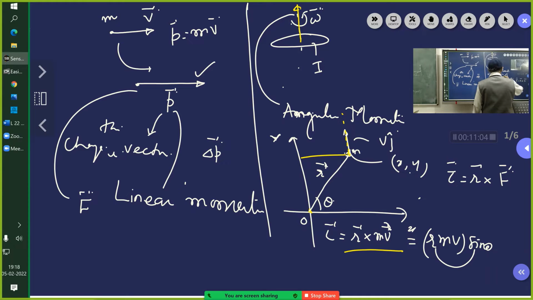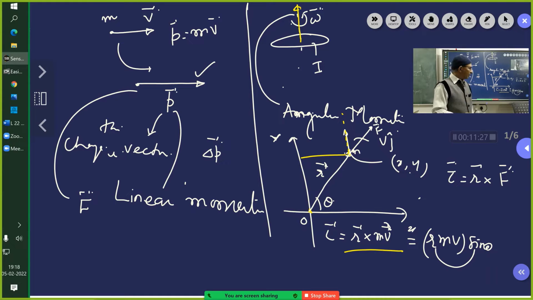Supposing I apply force in this direction, then R cross F bar will be 0. Then why did you all give wrong answers?